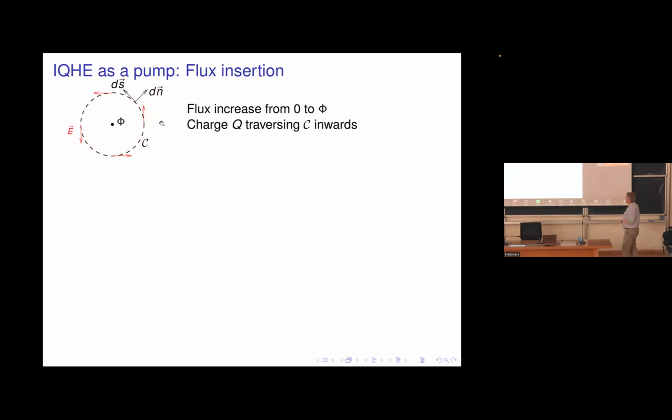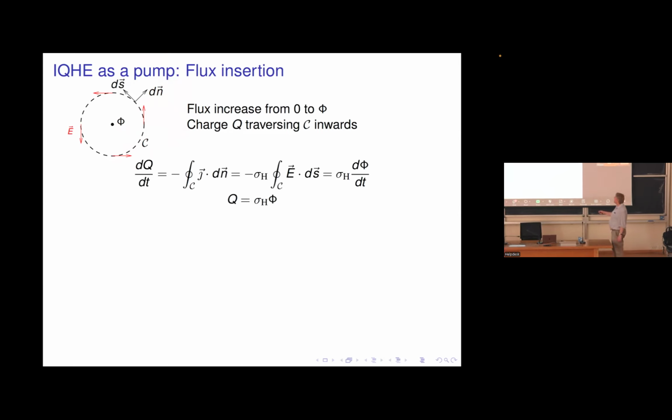And then, by the quantum Hall effect, a current should flow perpendicular to the red arrow, which is in a radial direction, that is in the direction of dn. That is, it flows out, or perhaps in, if the sign is opposite. Okay, so let's compute that.